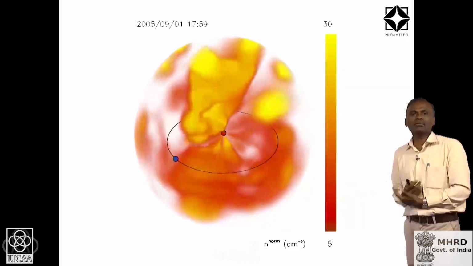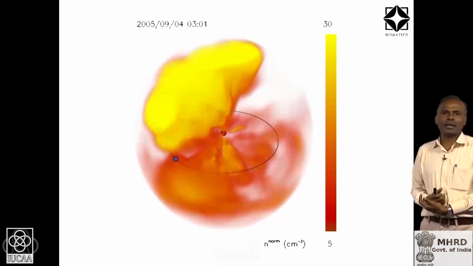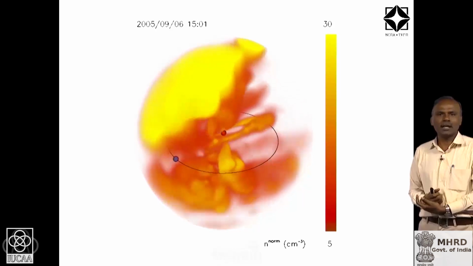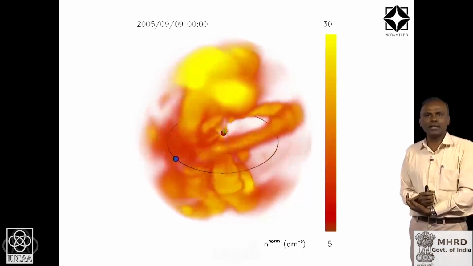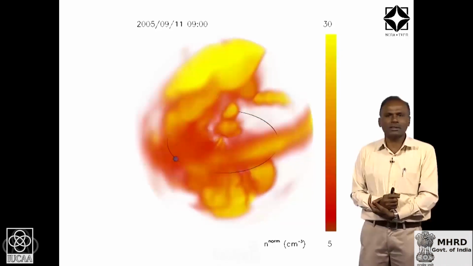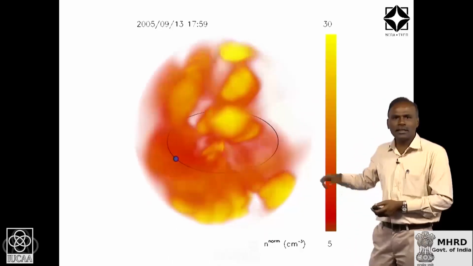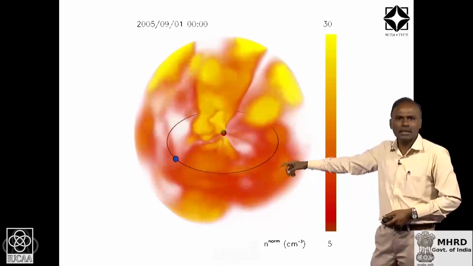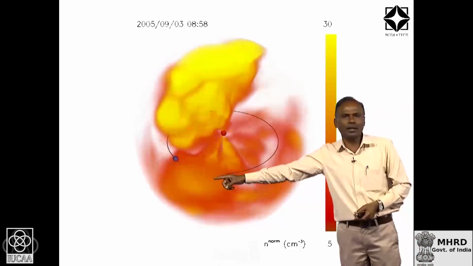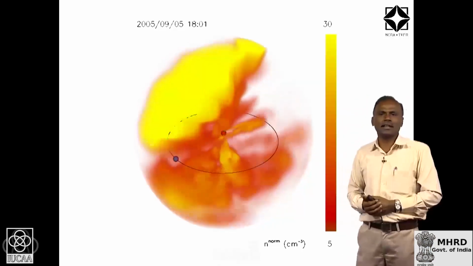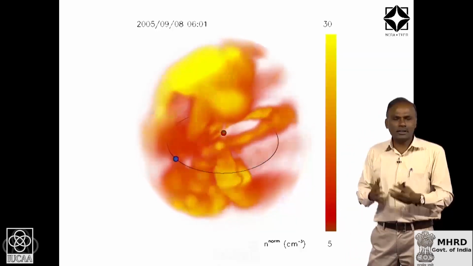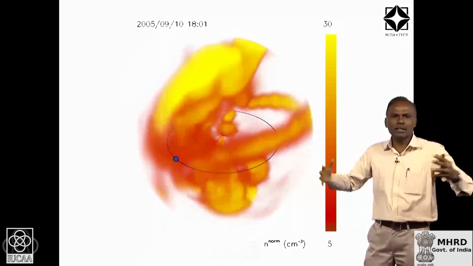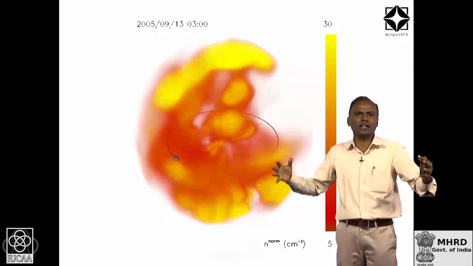So, this is the 3-dimensional view of density turbulence, or density, obtained from the Ooty measurements. So, here in this plot, the circle indicates the orbit of the Earth, and then the blue globe indicates the position of the Earth. With respect to the Earth, how the density structures are moving.